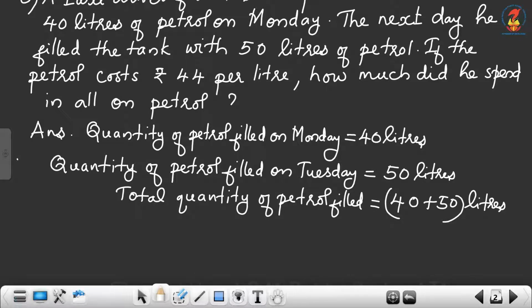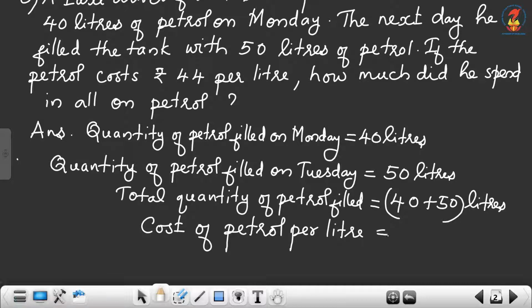Then cost of petrol per liter. So, the meaning is that what is the cost of 1 liter of petrol? So, it is rupees 44.